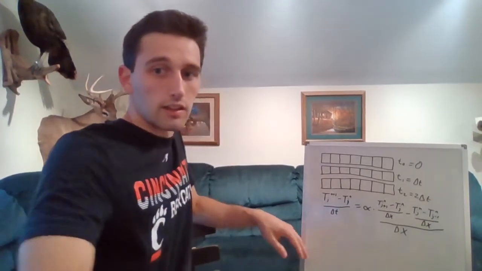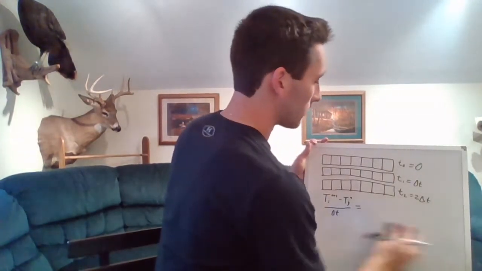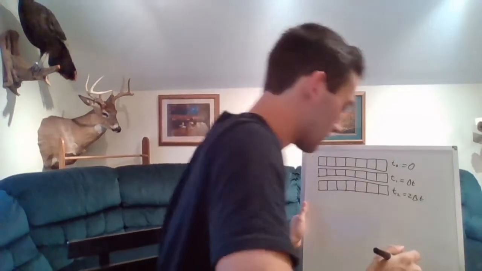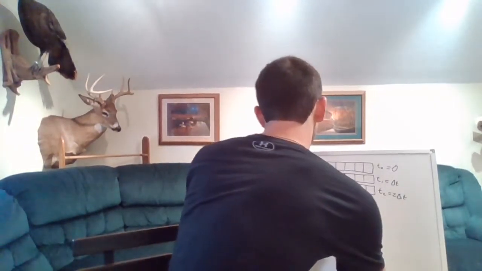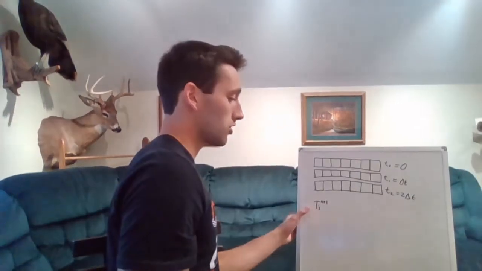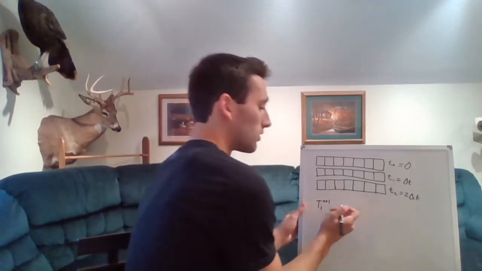So I will erase these because I'm running out of room again. So we want to have the temperature at the current position, but the next upcoming time by itself on the left side.